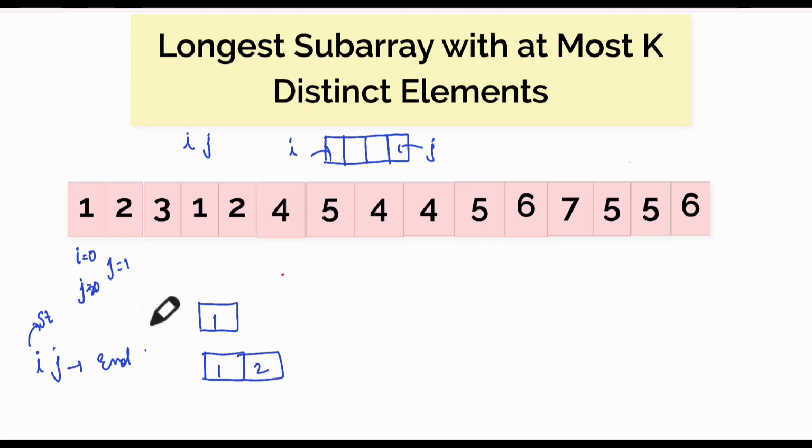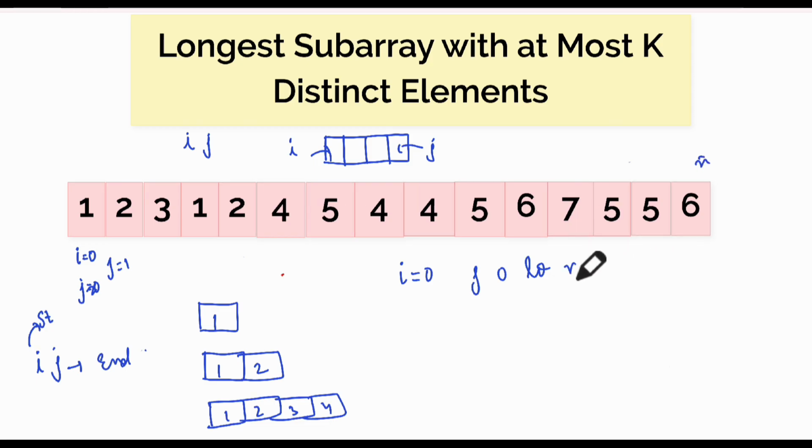Similarly i will remain 0 and j will keep on varying, so for example 1, 2, 3, 4, right? So this will be the first set of subarrays where i is equal to 0 and j will vary from 0 to the end point. Let's say this is n. So j will vary from 0 to n. Of course, it is index n minus 1, so j will vary from 0 to n minus 1.